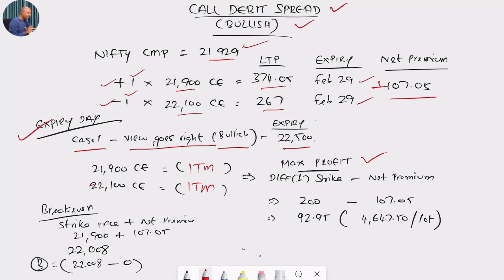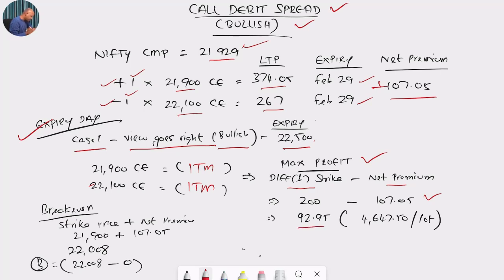The formula to calculate the maximum profit is the distance between the strike prices minus the net premium. In our example, the distance between the strikes is 200 points, the difference between 22,100 and 21,900, minus the net premium of 107.05.